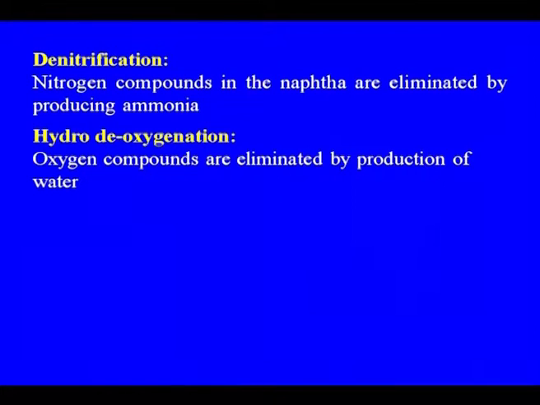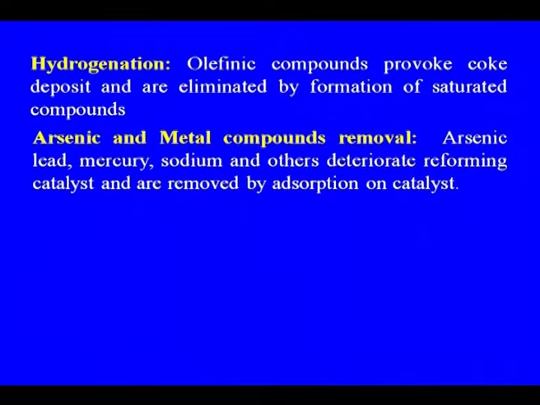Oxygen compounds are eliminated by production of water, so the process is hydrodeoxygenation. Hydrogenation: olefinic compounds provoke coke deposit and are eliminated by formation of saturated compounds. Arsenic and metal compounds removal: arsenic, lead, mercury, sodium and other heavy metals which are present deteriorate the reforming catalyst and are removed by adsorption on the catalyst.